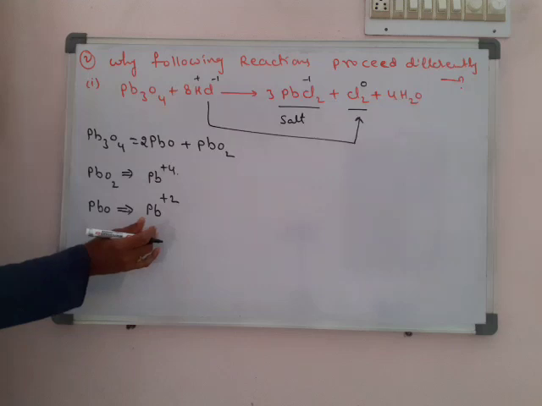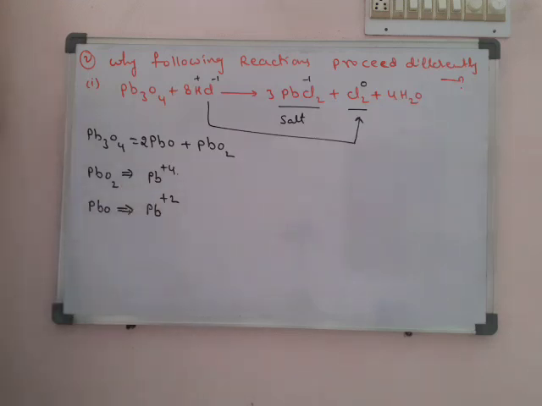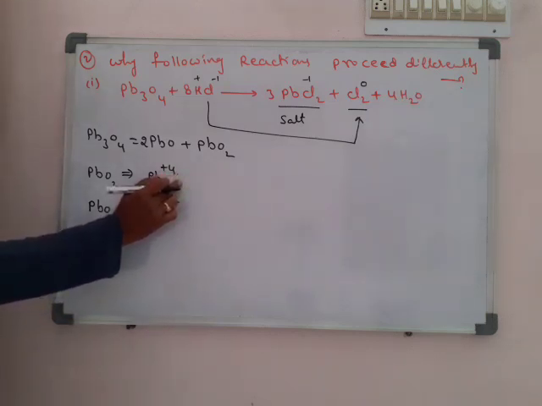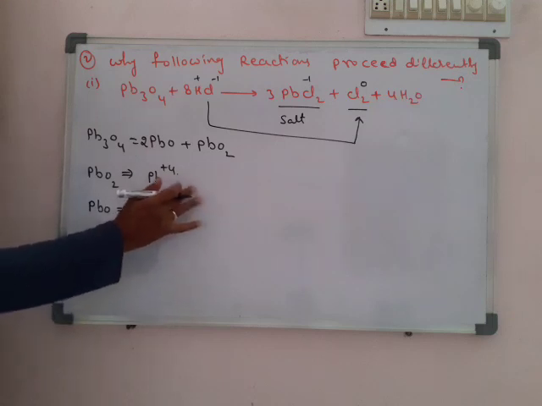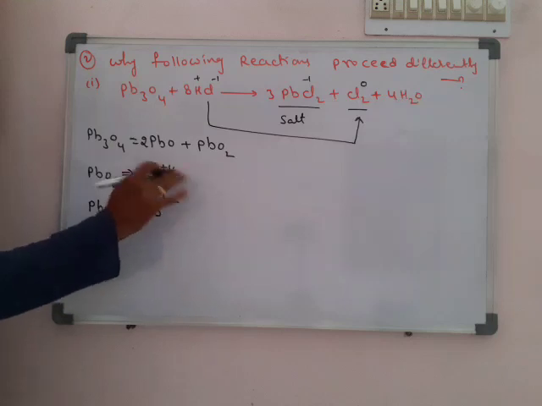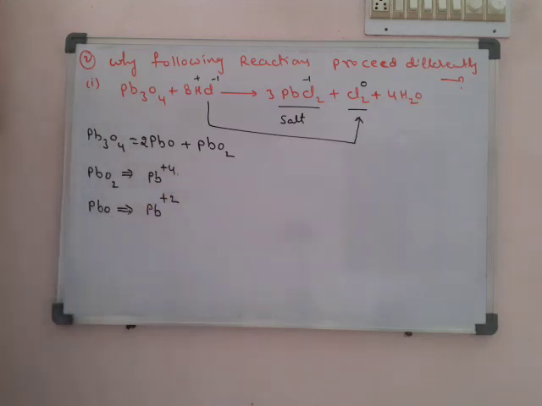So Pb plus 2 ki what is the other choice? So other choice is Pb plus 4. So Pb plus 2 Pb plus 4 a choice undi ikkada. Here Pb plus 2 can be converted into plus 4. Means the Pb plus 2 is ready for oxidation. So that's why it works as the oxidizing agent.